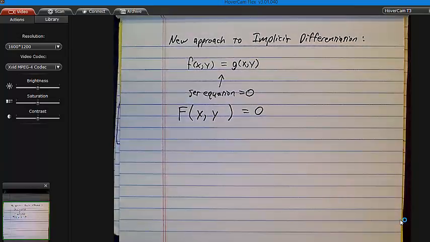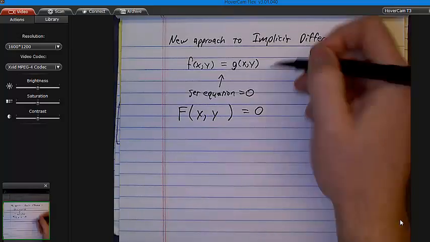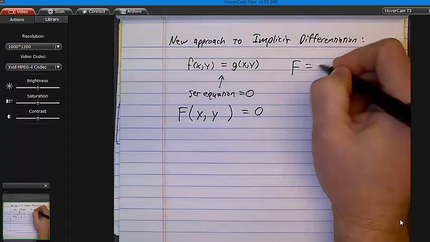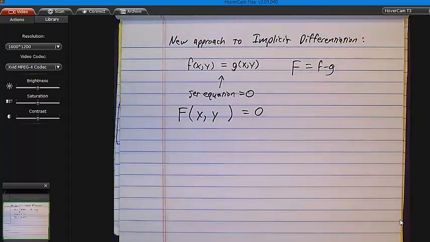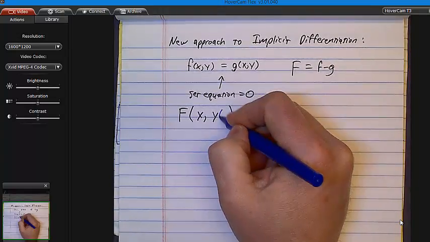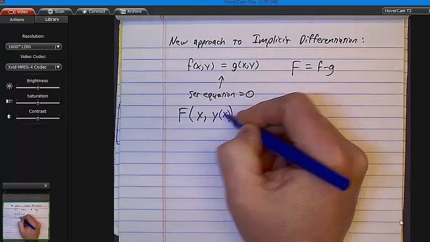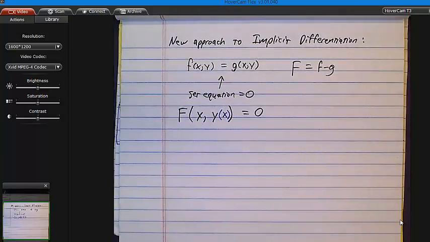That's the approach. And big F is f minus g, right? And the point to make is that when we do implicit differentiation, remember my zoom that I showed you guys? We're thinking of y as a function of x. That's really what you're doing.